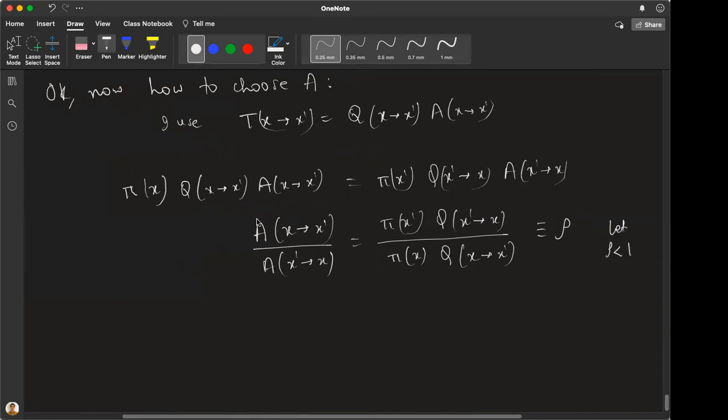Now you know that these are probabilities, binary probabilities, and their ratio should be equal to rho. And we are free to design any kind of A. So let us take a very trivial example. Let A of x to x prime be equal to rho, and A of x prime to x be equal to 1.